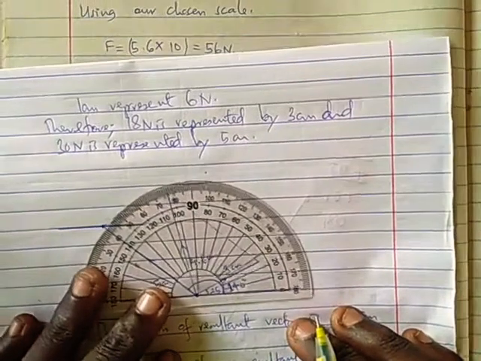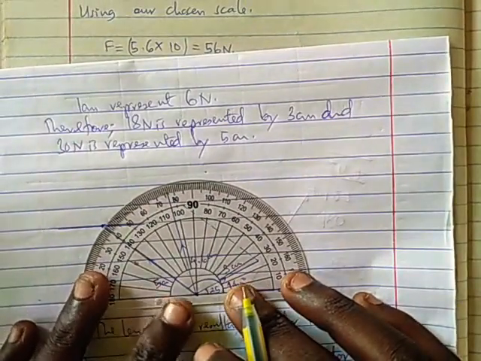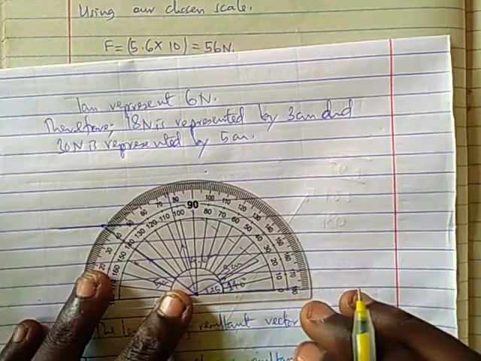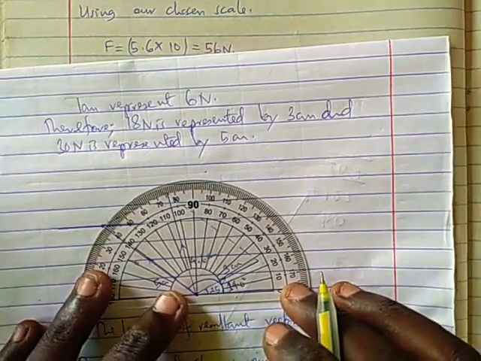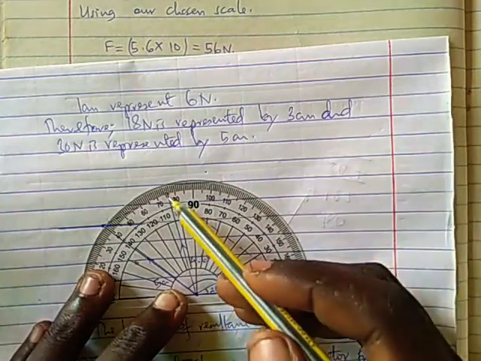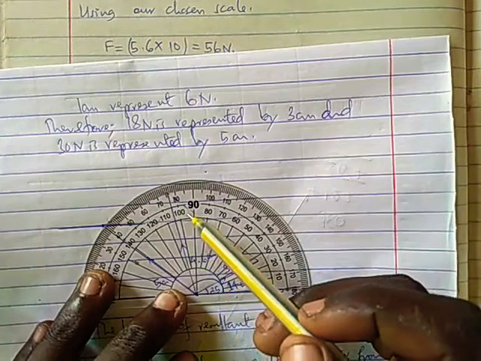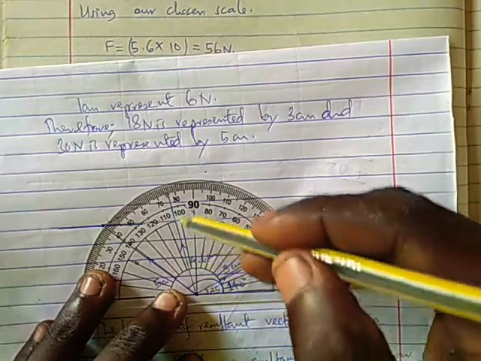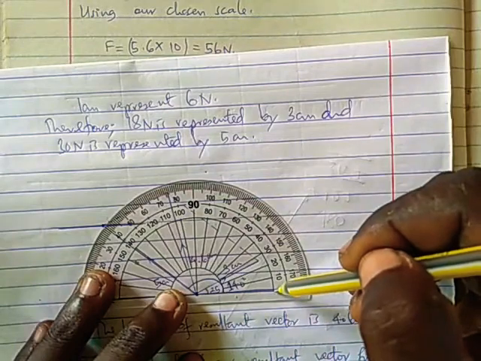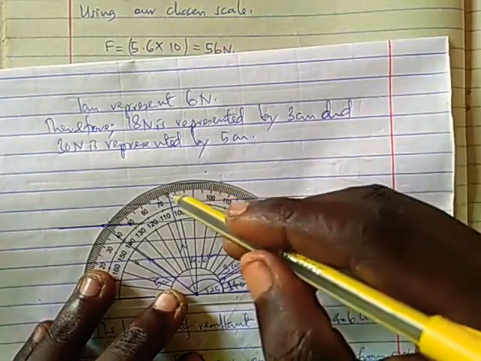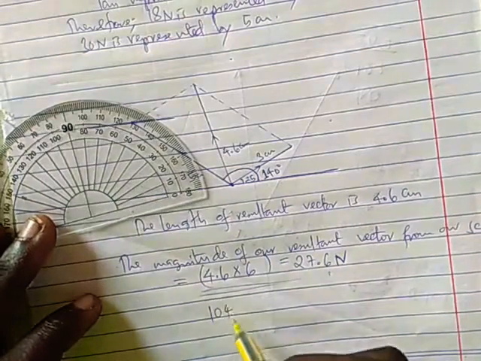Lakini in terms of direction tukiweka hapo protractor then tukapima angle. Okay, angle inakuja ni kama 104. Yaani exactly kabisa, unaona imekuja hii ni 104. Tunapima hizi namba za ndani kuanzia hapa 0, so inakuja ni 104, hiyo hapo 105. So the angle is 104 degree.